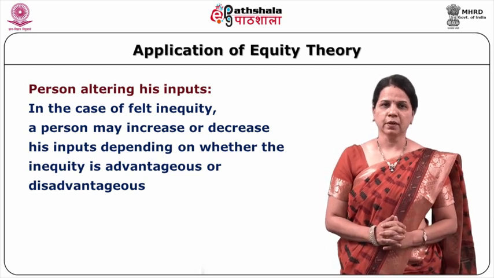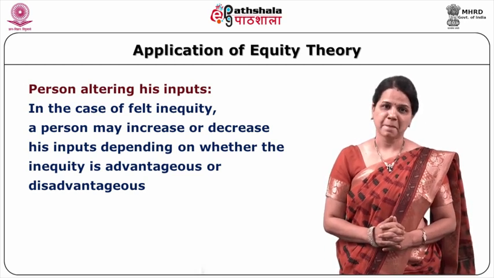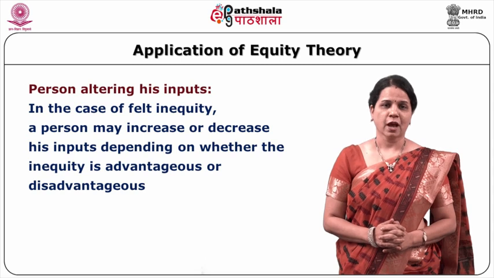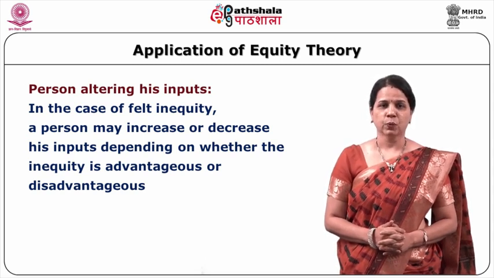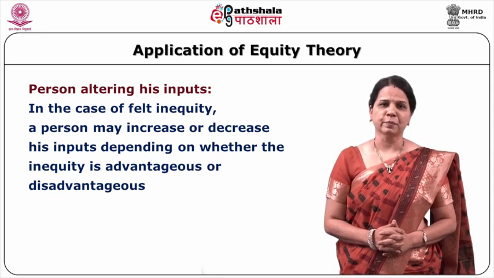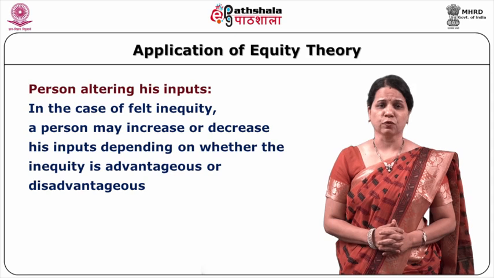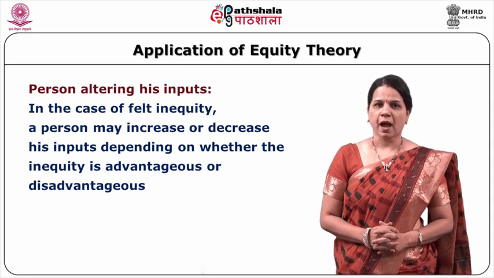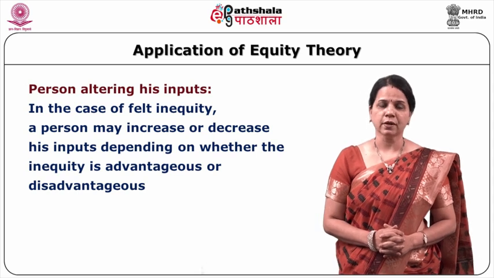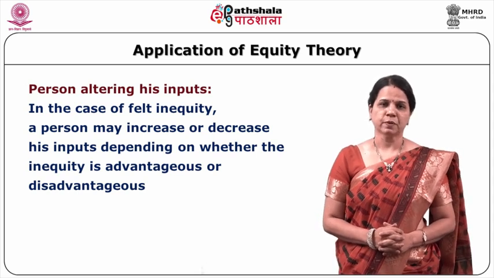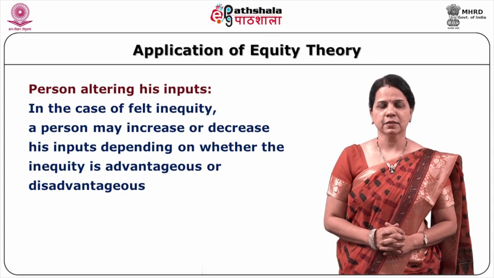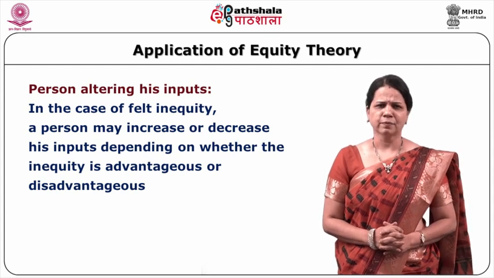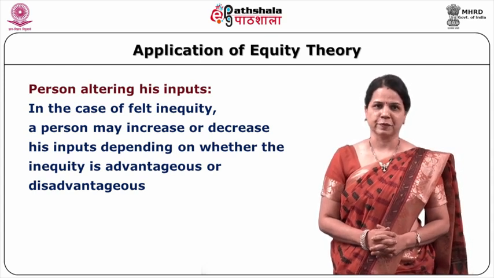For example, if I feel my outputs are less than the other person's output, which may be in the form of salary or other monetary benefits, in spite of both of us putting in the same inputs, I may try to alter the inputs by putting in fewer hours and less effort.